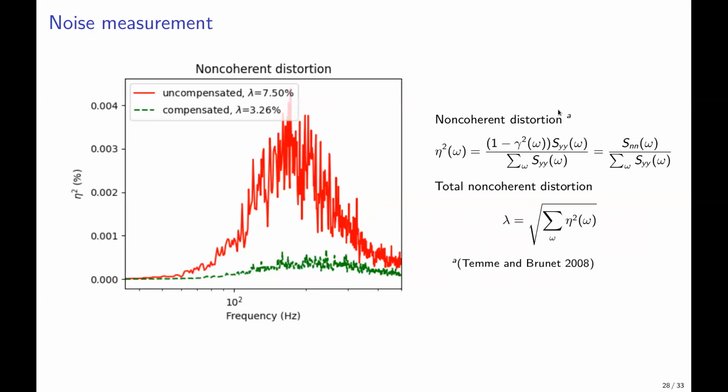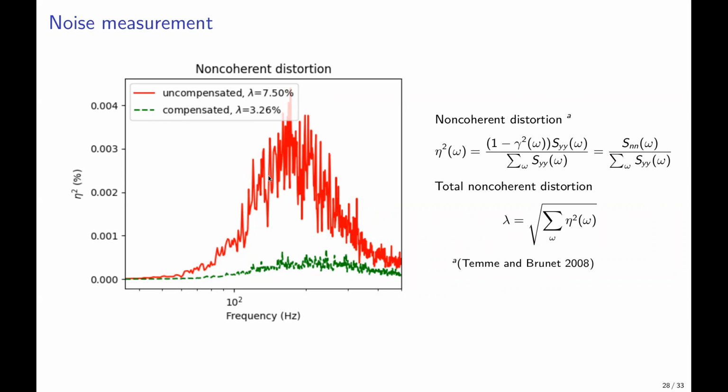You remember, coherence gives you some idea of how much of the output energy is linearly dependent on the input. Yeah, the ratio of the output energy which is correlated with the input at a certain frequency. I hope I said that right. And the non-coherent distortion is just the opposite, right?